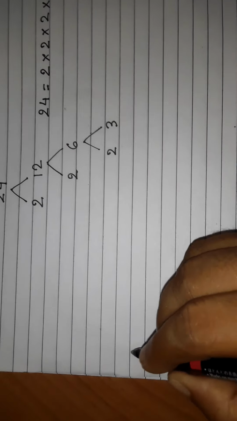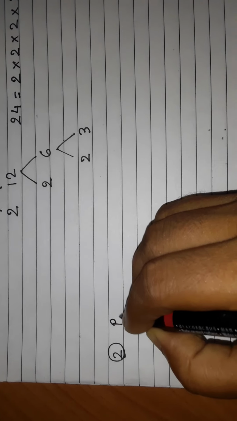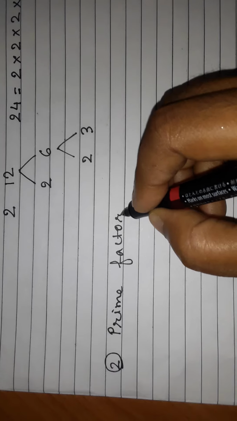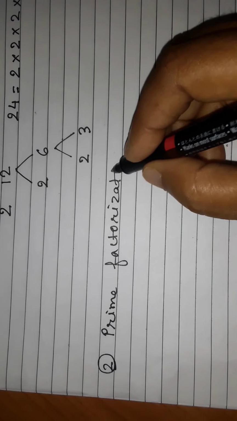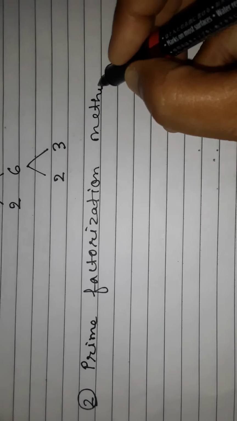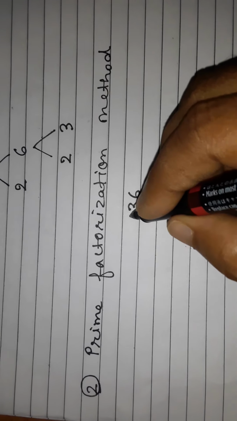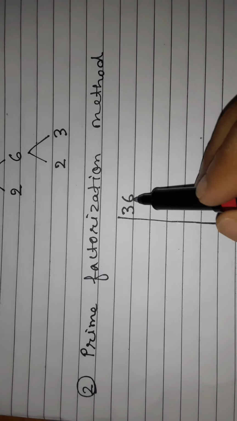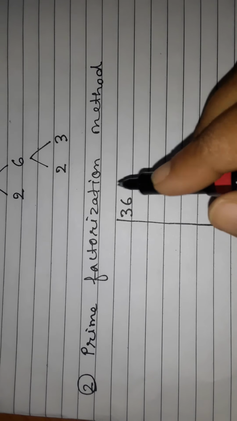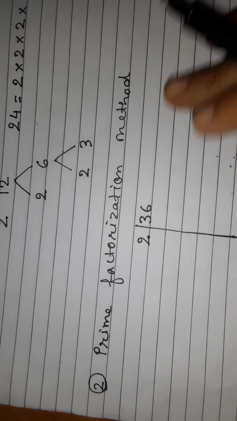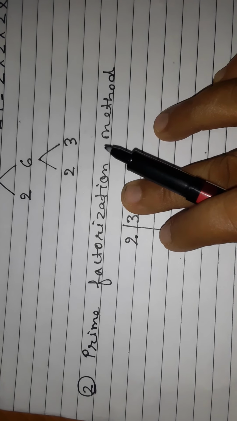Now the second method is the prime factorization method. Another number we will take, 36. In this method you have to divide it. Again divisibility rule: 6 is an even number, so it will be divisible by 2. 2 ones is 2.